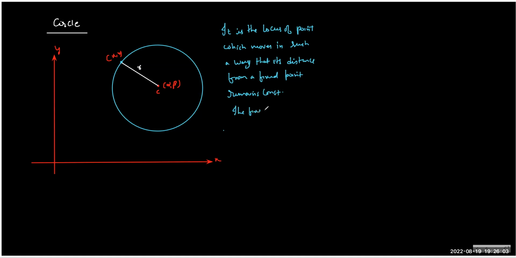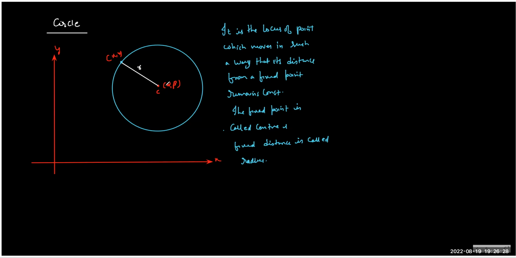The fixed point is called center and the fixed distance is called radius. That is how we define things in physics, in mathematics.